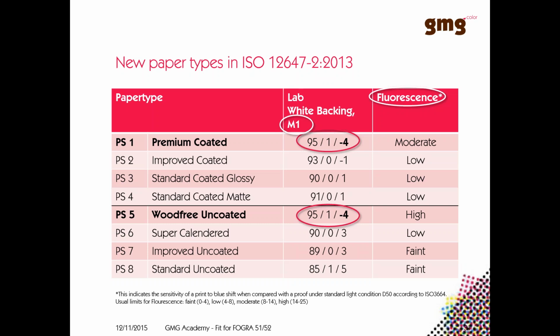This is now given. On the bottom of this slide, you will see the fluorescence limits, the typical tolerances. So faint is 0 to 4, low is 4 to 8, moderate 8 to 14, high is 14 to 25. If you don't know what this means, this is a number of delta B.